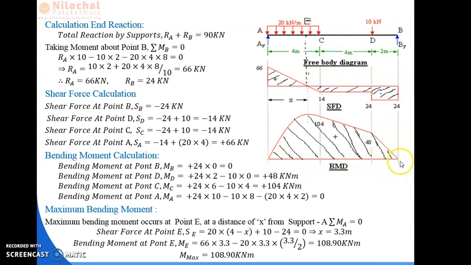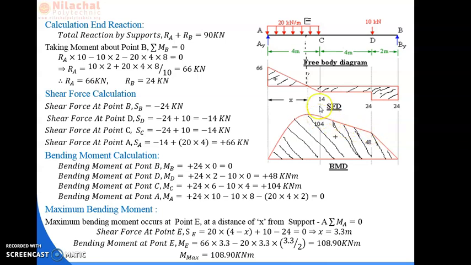At A and B it will be 0, so the points will be on the line. From B to D there is a point load, so we have to draw an inclined line from 0 to 48. Then from D to C there are also point loads, so we draw D to C as an inclined line.